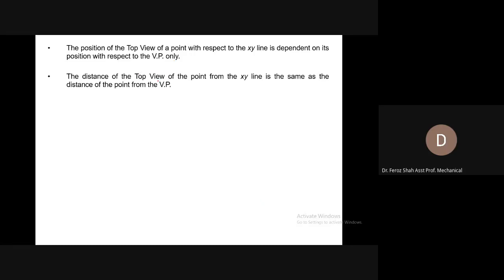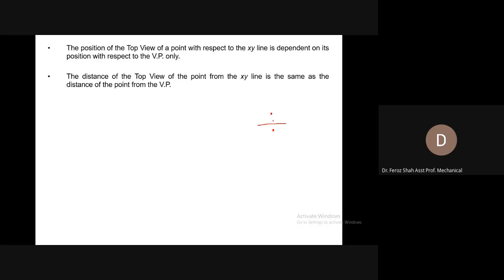The distance of the top view of the point from the XY line is the same as the distance of the point from the VP. If the point is 10 millimeter in front of the vertical plane, its top view will be coming 10 millimeter below the XY reference line. If the point is 10 millimeter behind the vertical plane, its top view will be 10 millimeter above the XY reference line.